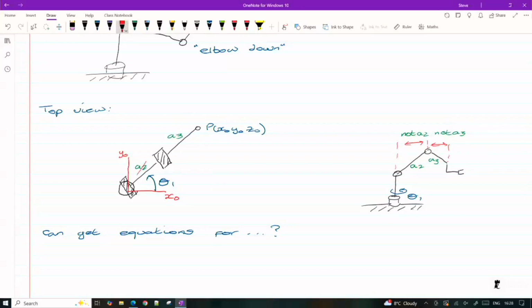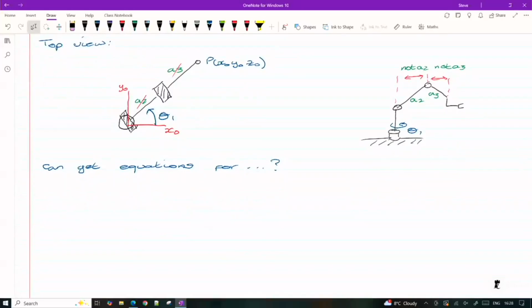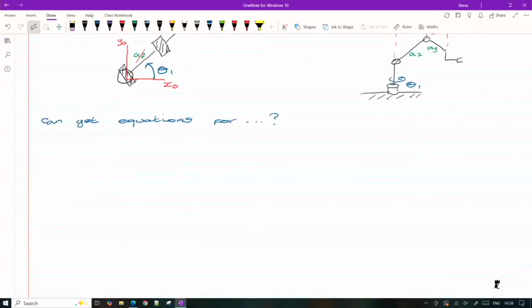So just remember that's not what we're seeing there. So you look at what equations you can get from that configuration. I'll leave you to mull over that.